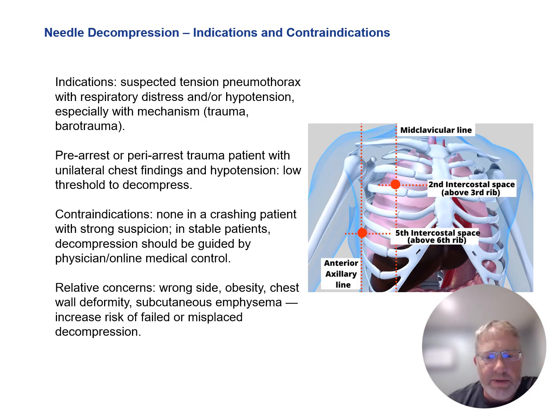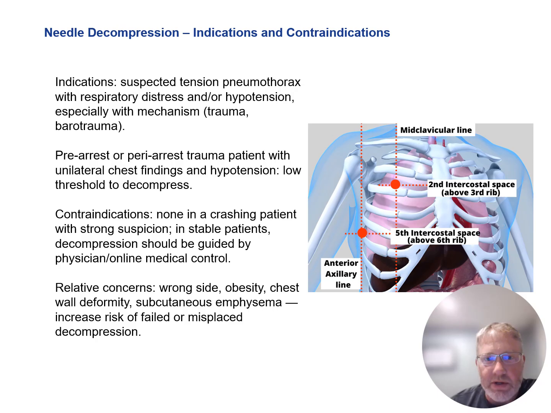Let's talk about treatments for pneumothoraces. We've got needle decompression, we've got thoracostomies or chest tube insertion. So let's start with needle decompression. Needle decompression is a life-saving procedure when it's used appropriately, and it's useless or harmful when it's used reflexively or not appropriately.